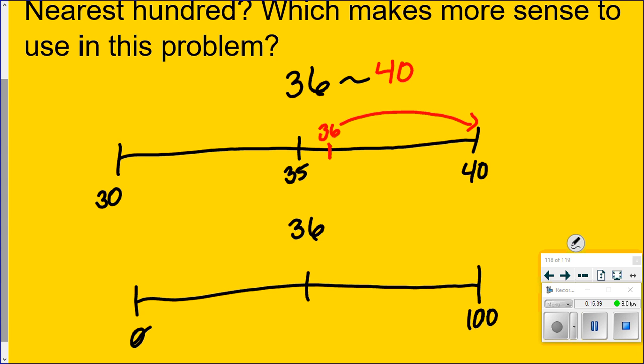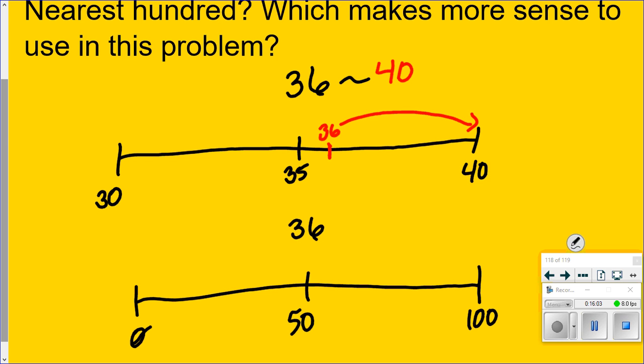I need a middle between 0 and 100. 50 is right in the middle of 0 and 100. Now that I know that, where is 36 gonna go?